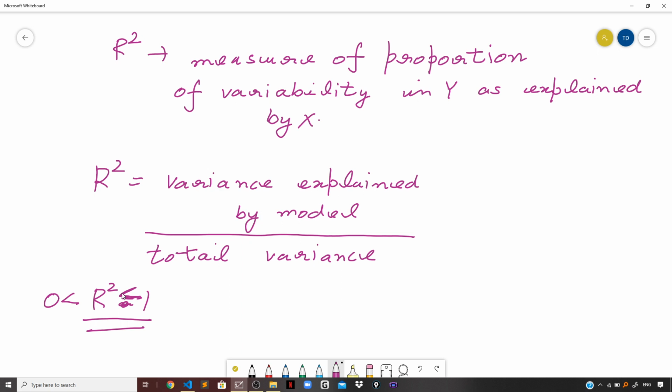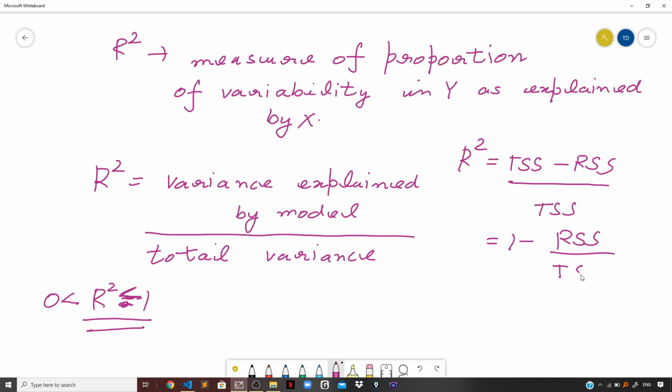So R-square can also be expressed as TSS minus RSS upon TSS, or you can say 1 minus RSS upon TSS. Now TSS is the summation from k=1 to n of (yk minus y bar), where yk is a certain value of y, say for your kth row, and y bar is the mean value of your output variable.